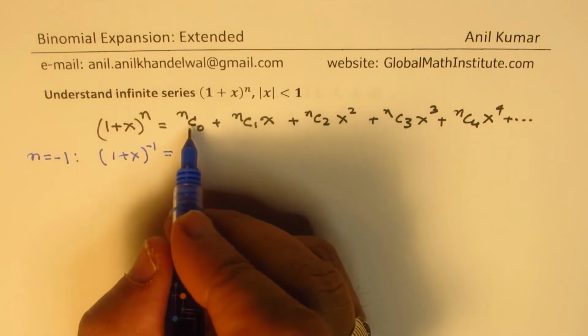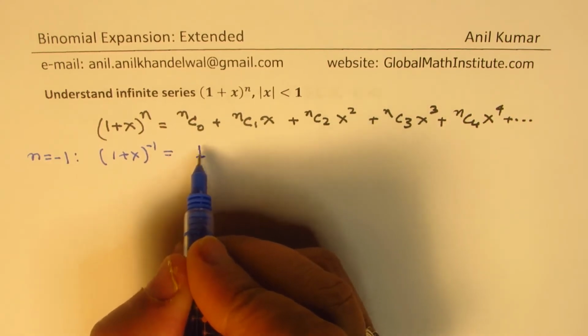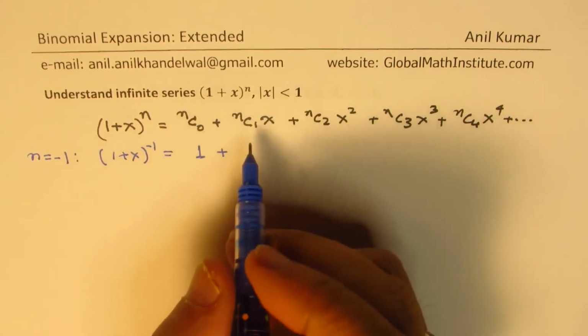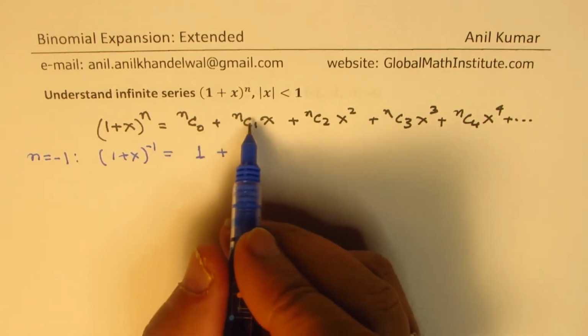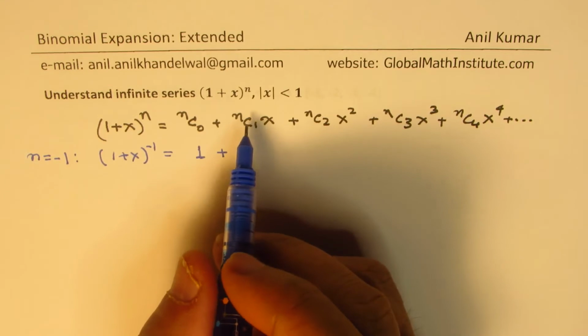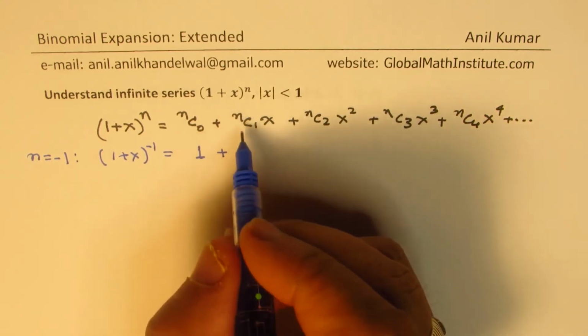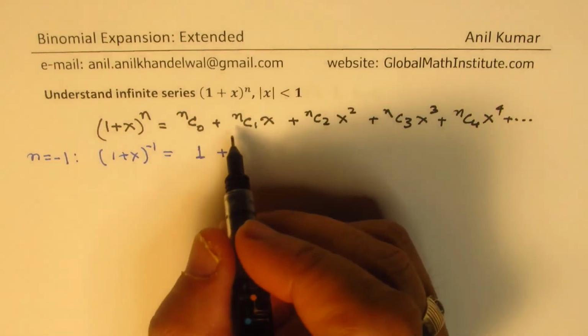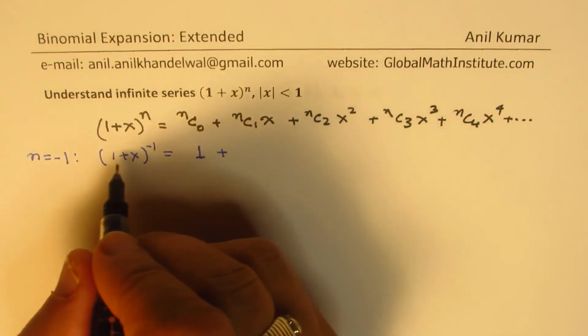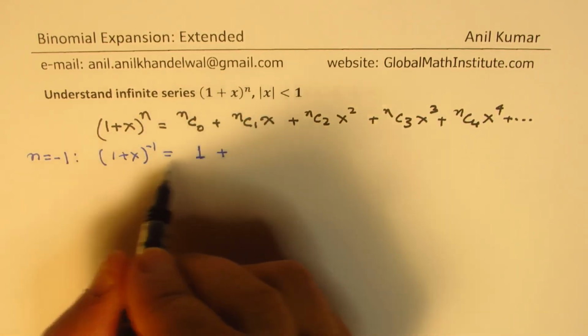So when you expand this, this is 1 for you, correct? 1 plus. Now here, n is minus 1 for you. So when you expand, let me write this in the other form first. That'll be easier to really get to this concept.